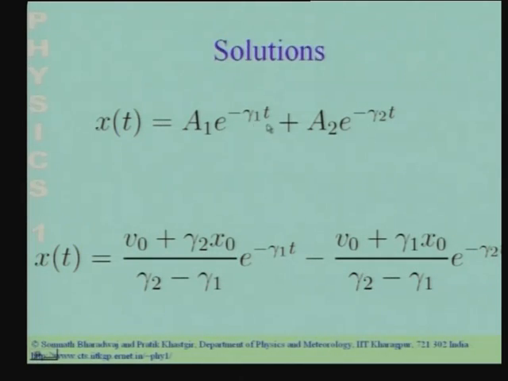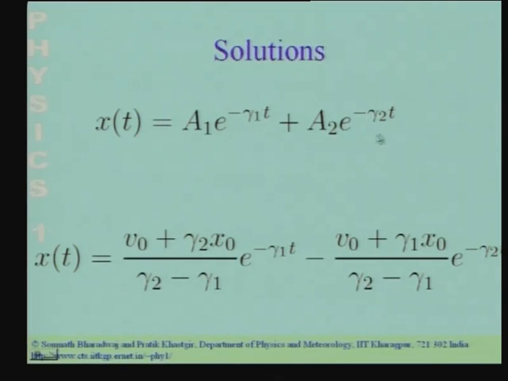If you ask how the two solutions, e to the power minus gamma 1 t and e to the power minus gamma 2 t, behave when the damping is very large, notice that gamma 2 becomes very large.